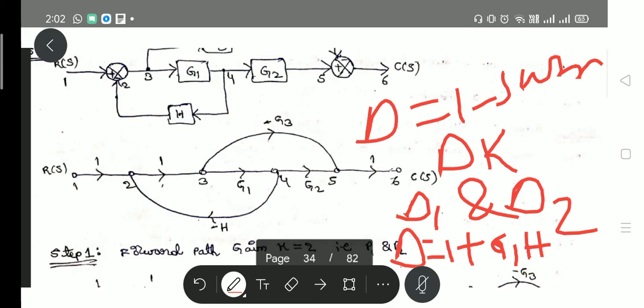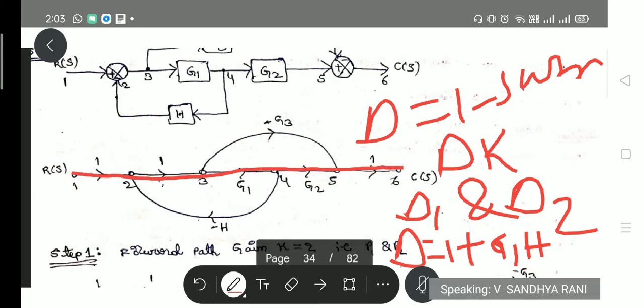Delta 1 and delta 2. What is delta 1? For the first forward path, whatever non-touching loop is there, that loop gain is used in delta 1, which is 1 minus that loop gain. This is the first forward path, and any loop non-touching with this forward path. No loop is non-touching here, the first forward path is touching this loop.